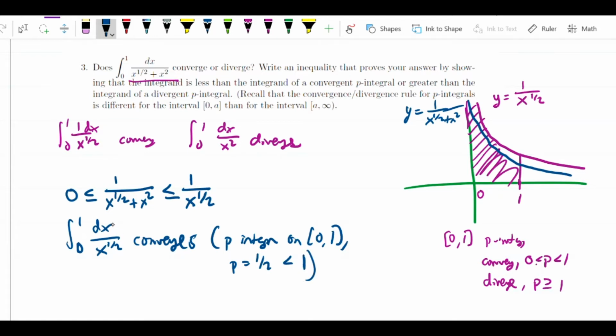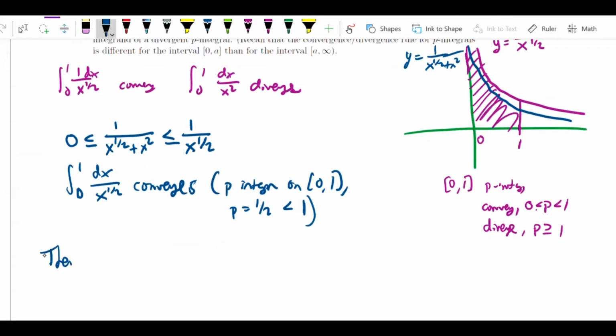Therefore, something that's less than that, but still greater than 0, is certainly going to converge. So therefore, the integral from 0 to 1 of dx over x to the 1/2 plus x squared converges.